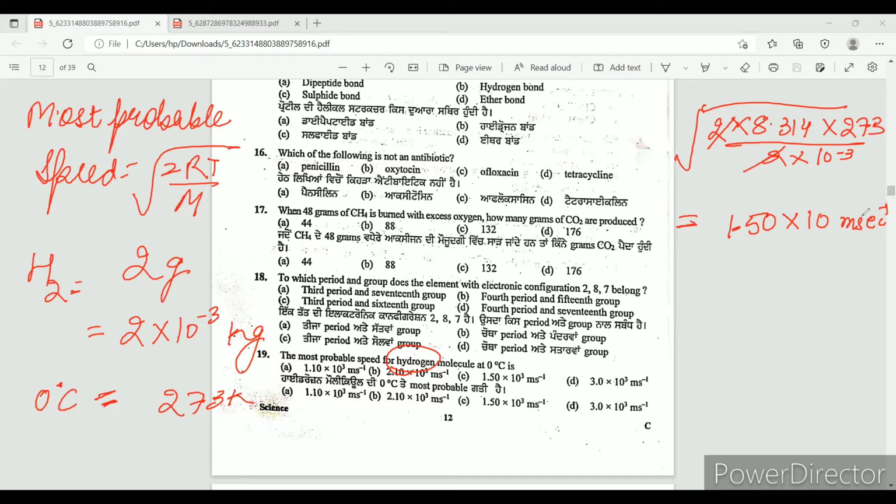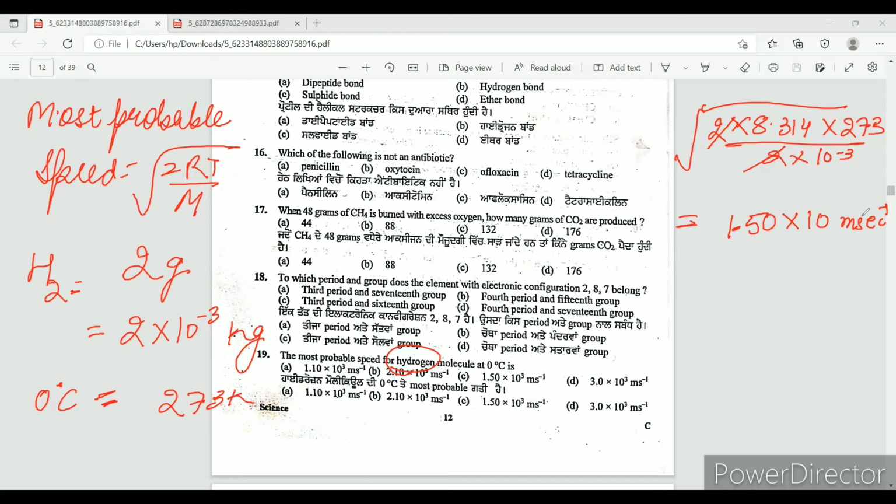The formula is under root 2RT divided by M, where R is the gas constant, T is the temperature in Kelvin, and M is the molecular mass of your molecule. So for a hydrogen molecule, the answer is 2 grams.